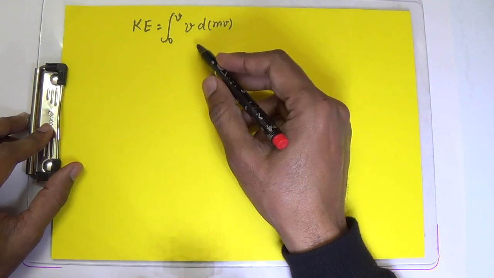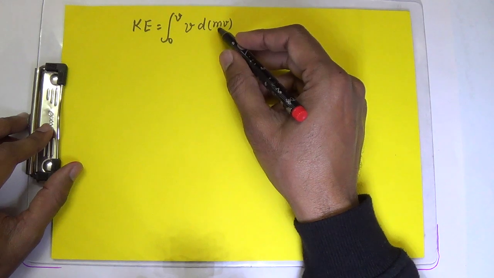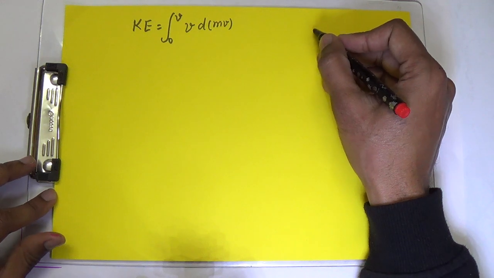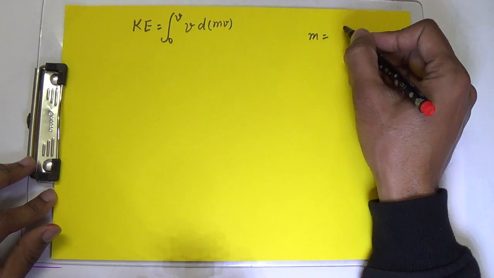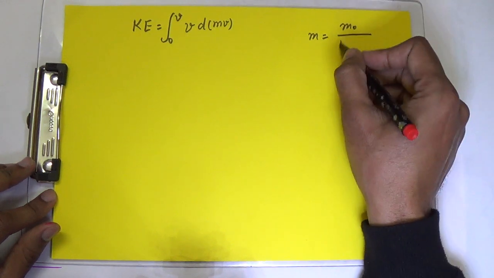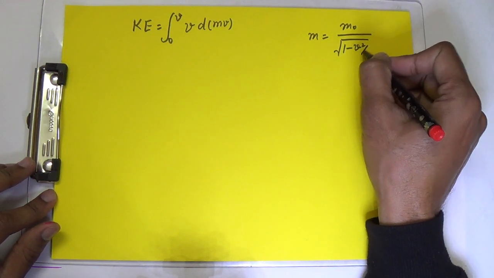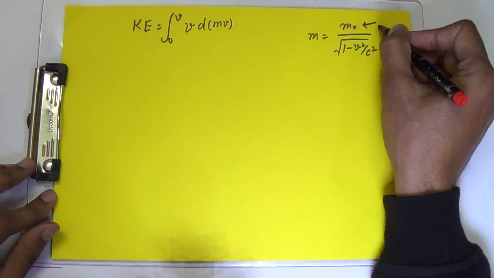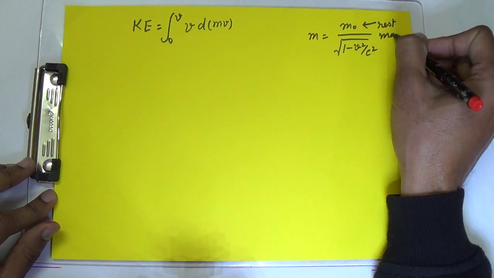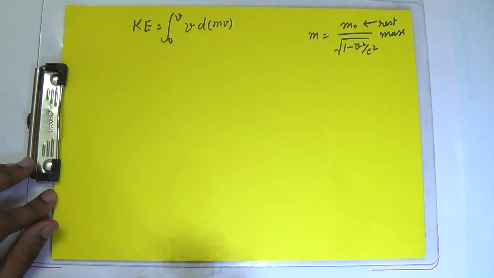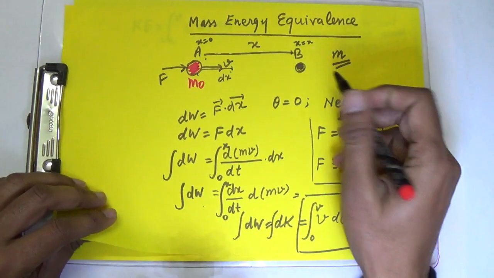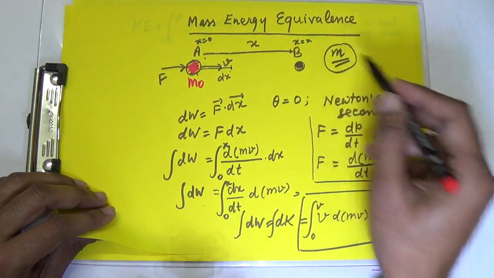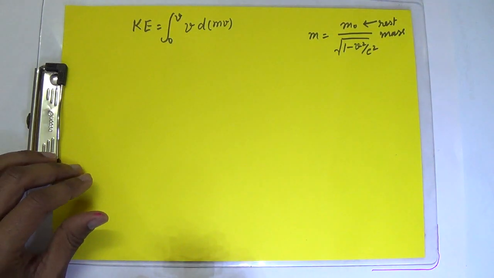Now we have to solve this integration, but before that we have to make some correction here. We know that m is equal to m naught upon square root of 1 minus v square upon c square, where m naught is the rest mass, and m is the mass which appears when we apply the force on it, during the motion.